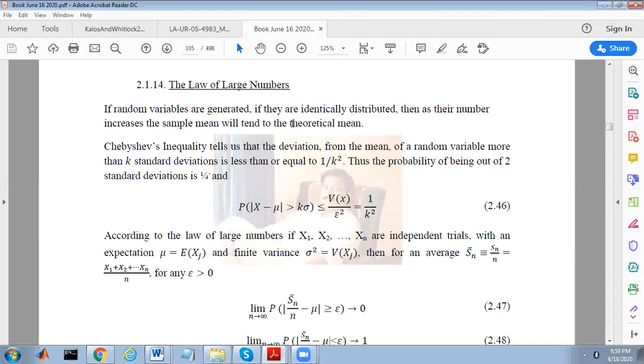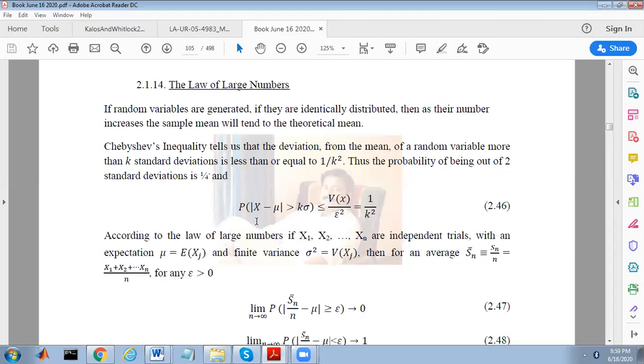So whatever you're doing, if you take many, many numbers, but with the condition that they are identically distributed, drawn from the same PDF, then 1,000 is going to be better than 100 points sampled.